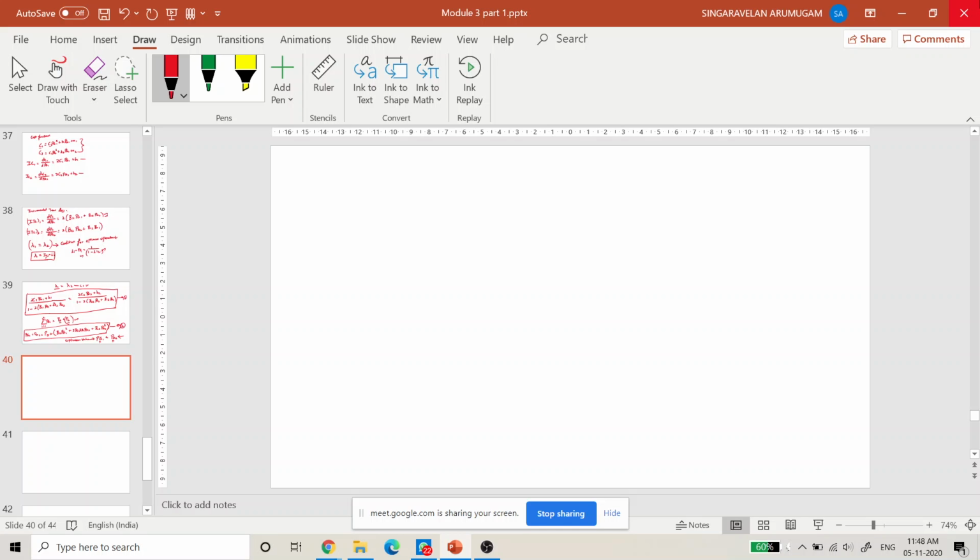So how to find that? To solve it in practice or in calculation, to find PGi, I will consider the incremental cost, which is nothing but 2CiPGi plus Bi. This is the incremental cost, we all know.